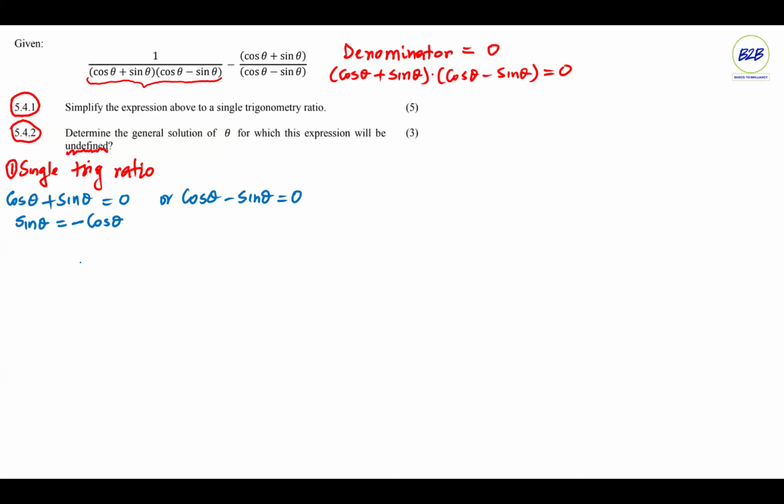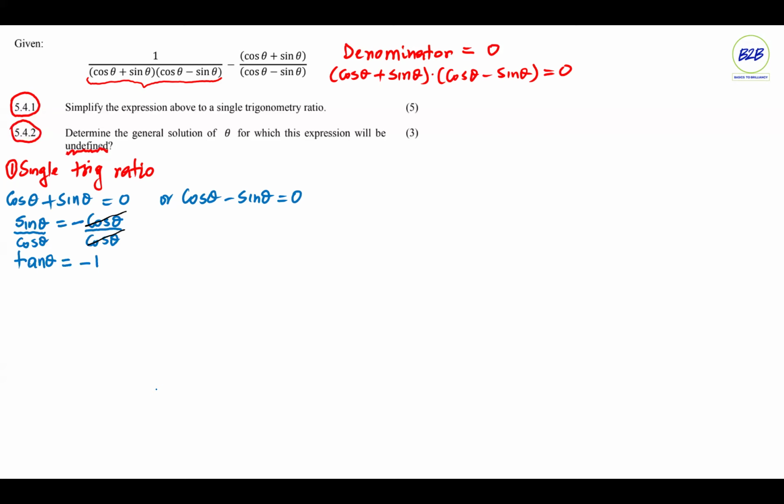Then we try to create tan. We divide by cos theta on both sides. Then sine over cos becomes tan theta equal to minus 1. Why minus 1? Because the cos and the cos cancel one another.